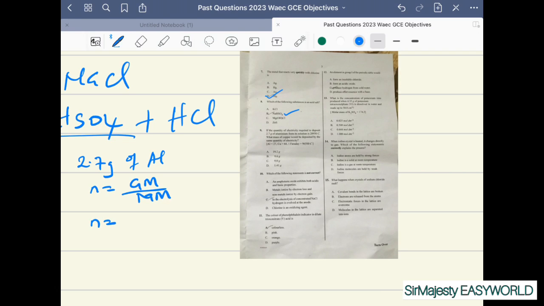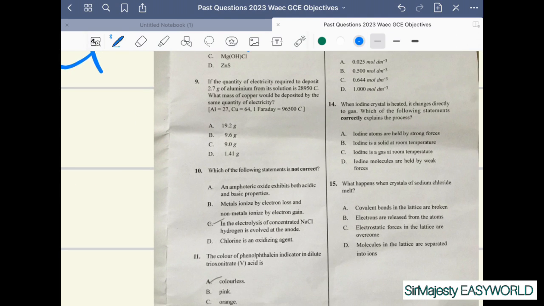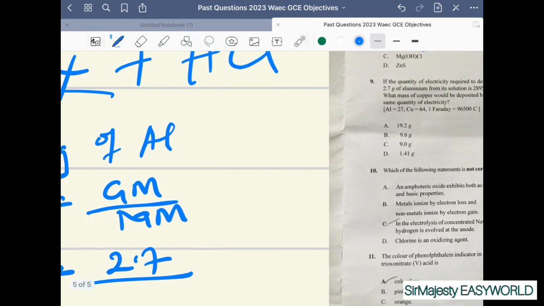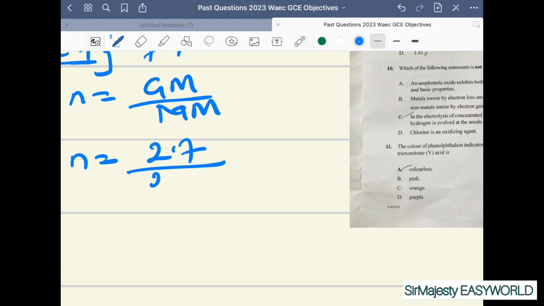GM here means given mass, which is this 2.7. So 2.7 over molar mass. What's the molar mass of aluminium? As you can see here, it is given as 27, and that's what it is, whether given or not. Then we have here 27, and 2.7 divided by 27 is automatically 0.1.